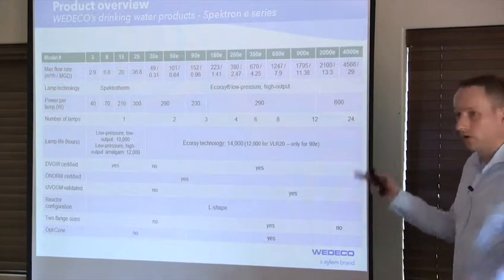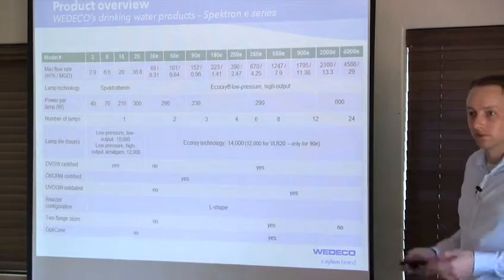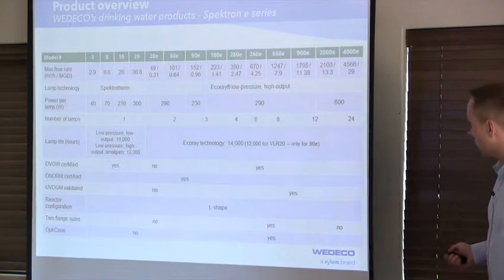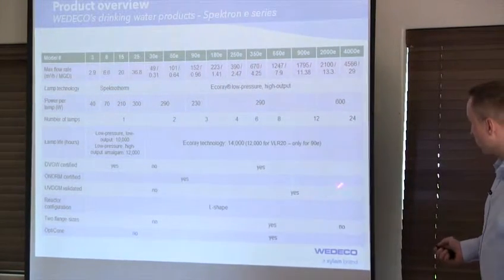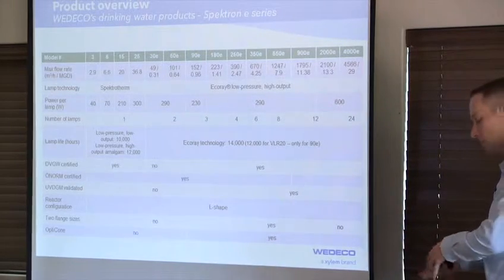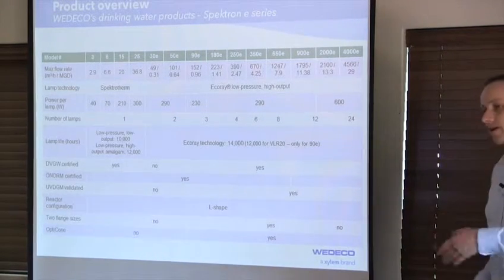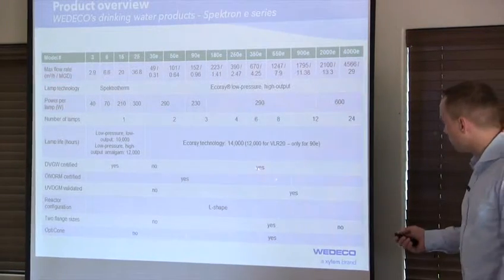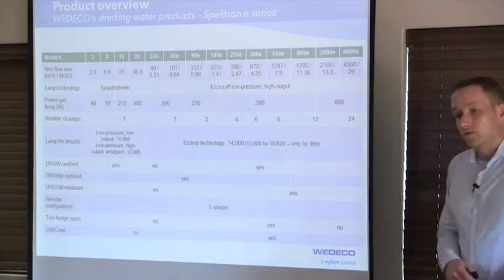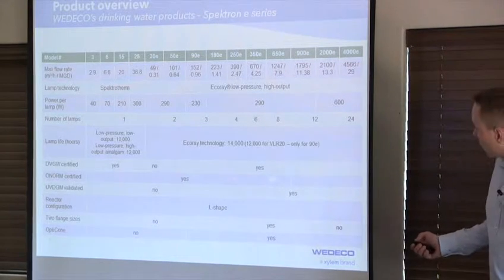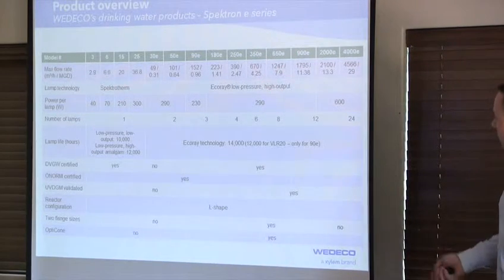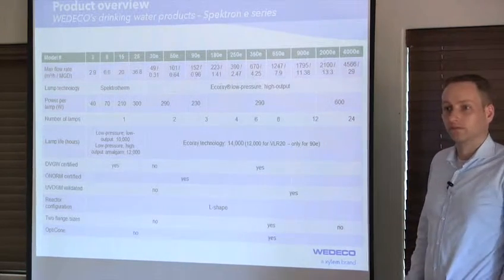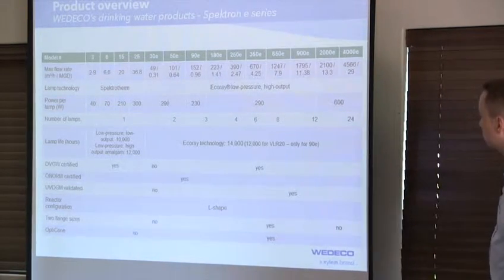It's a little bit like a working field for a pump. For the bigger ones where you have the UVDGM validation, you can have them selected target specific, but for the DVGW or ÖNORM systems, even the bigger ones can be selected out of a flow chart, a flow table.